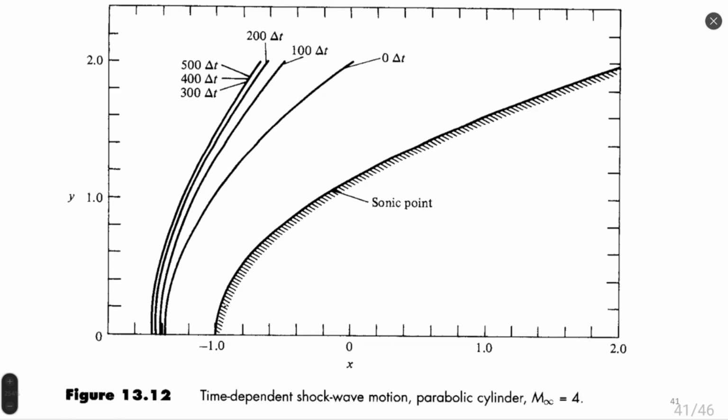Convergence from the point of view of the behavior of the shock wave is shown on figure 12. Here we can also see a blunt body and the position of the shock wave at different time moments. I don't know about 0 delta t.